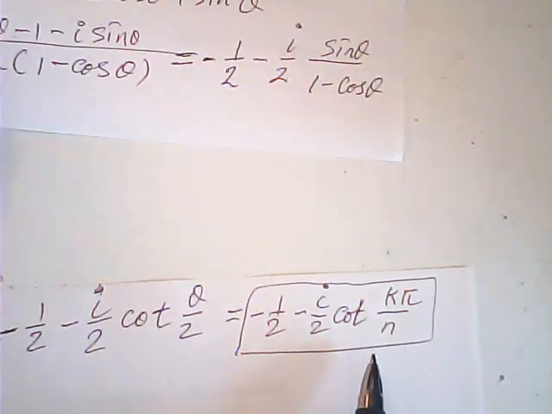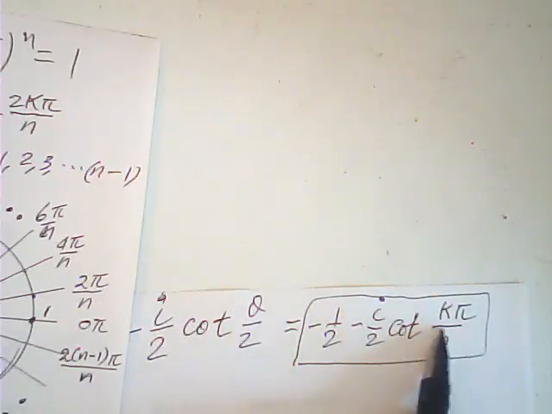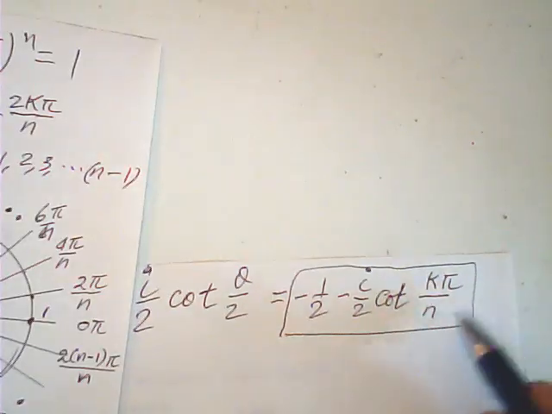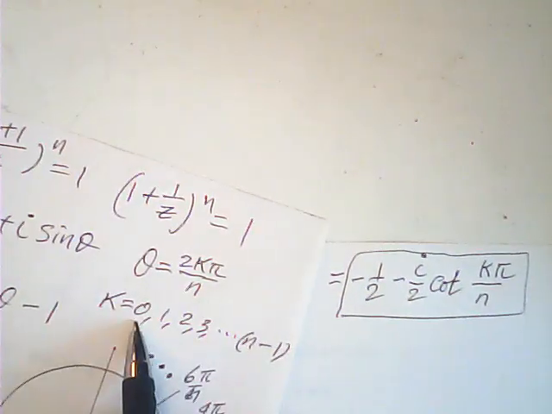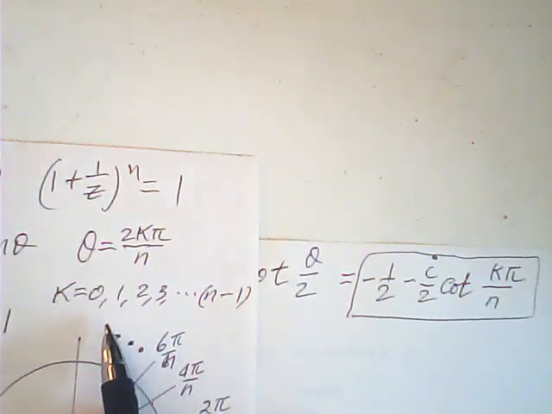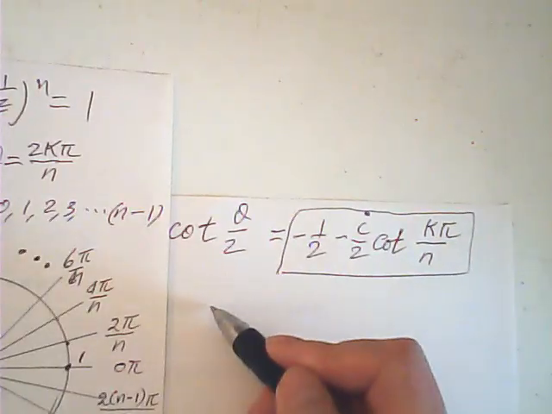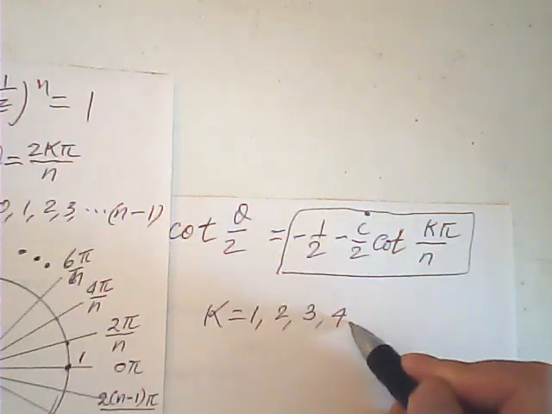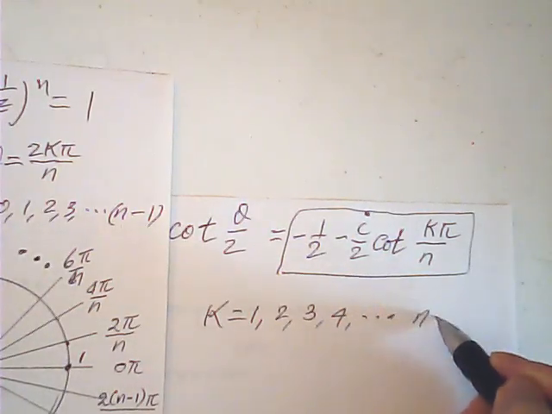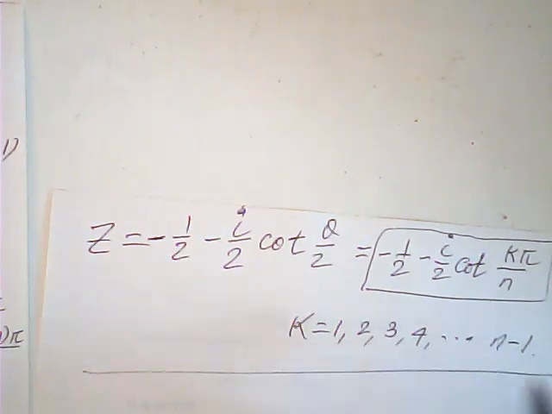Okay, the only thing to modify is that cotangent cannot be 0; it is not defined at 0. Therefore, we drop k equal to 0. So k equals 1, 2, 3, 4, until n minus 1. So how many roots do we have?